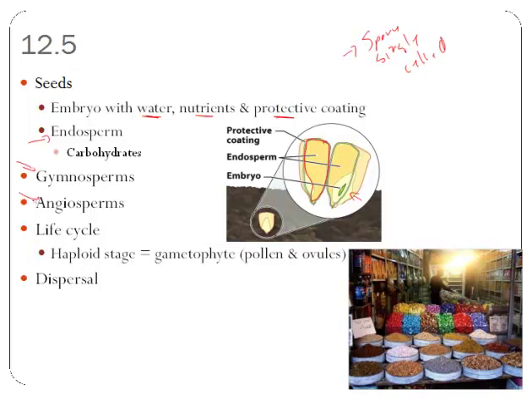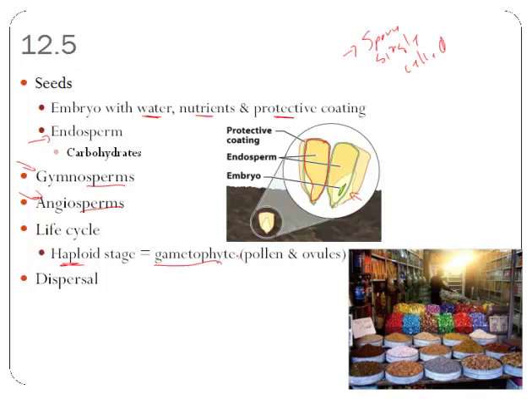Gymnosperms and angiosperms both have that endosperm layer, which is reflected in their name. Gymnosperm literally means naked seed, so it's not covered or coated by anything, and we'll see that when we look at gymnosperms in more detail. The life cycle, they still have a haploid stage. However, that haploid stage now is supported fully within the adult in things called gametophytes.